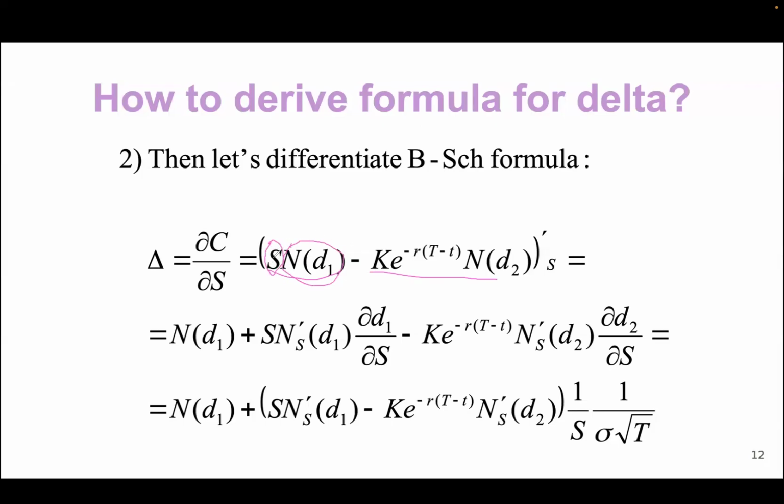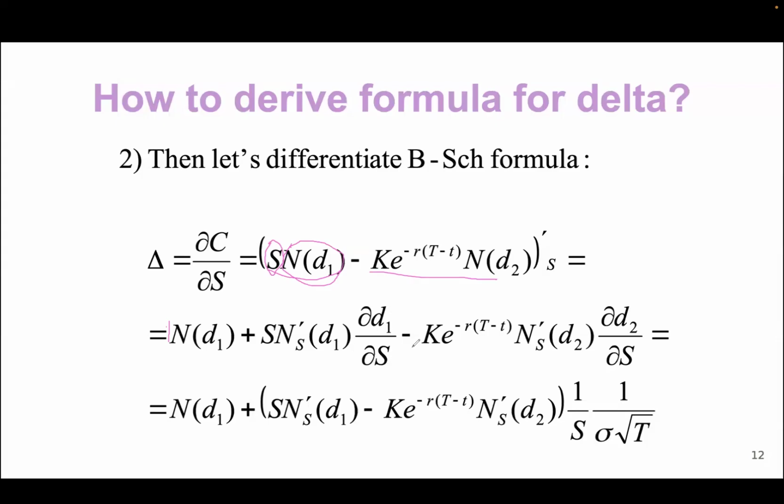If we find the derivative with respect to S, it is 1 times N plus S multiplied by the derivative of N of d1, because d1 depends on S. You can see it in the previous slide.